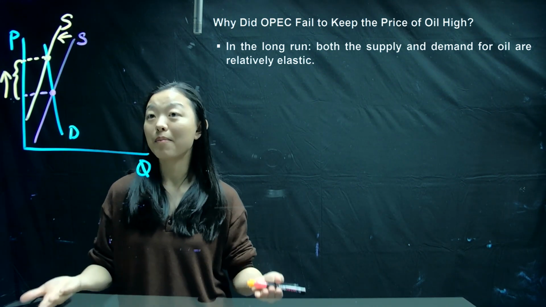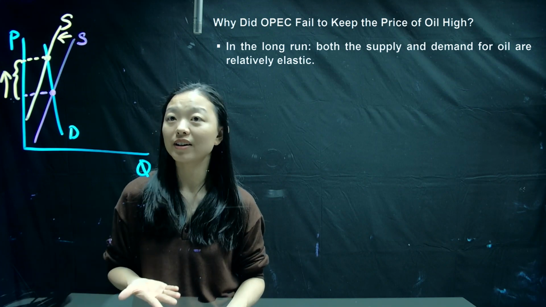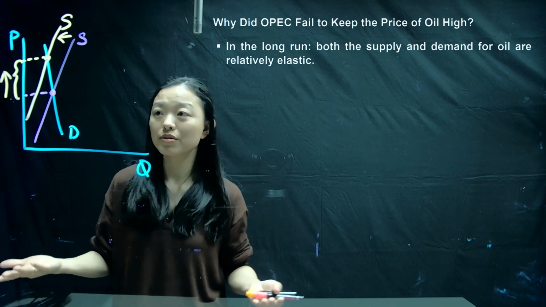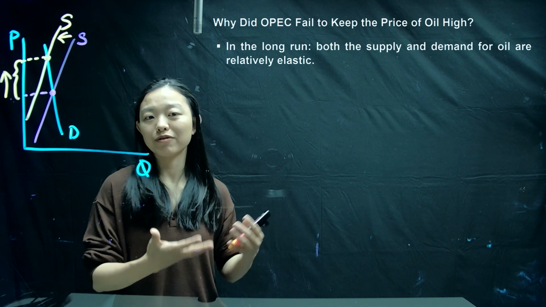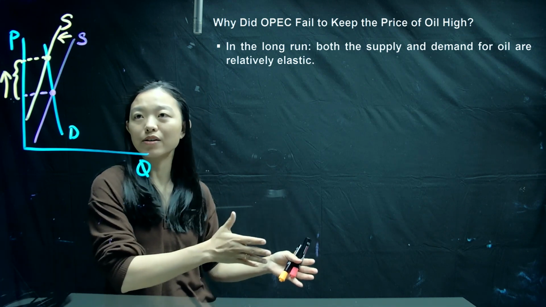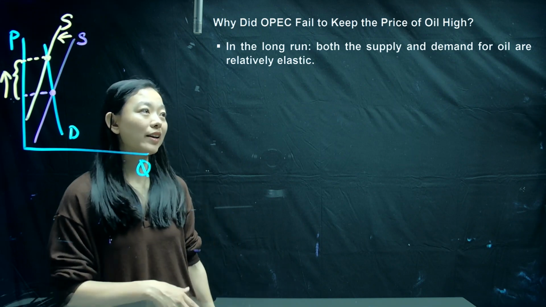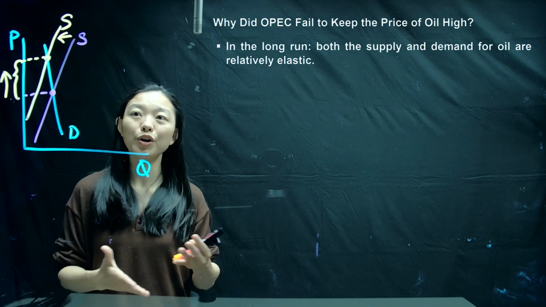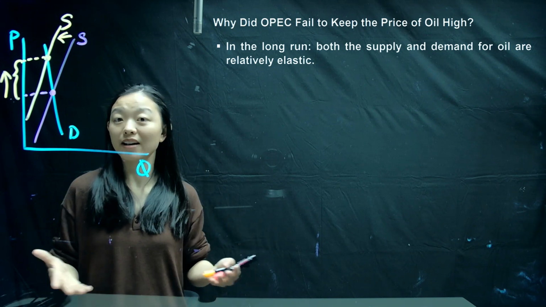However, in the long run, both supply and demand will become relatively elastic because people can find other exporters of crude oil. They can switch to other countries to buy crude oil, or they can use other new energy technology.